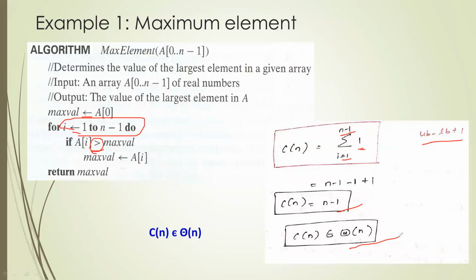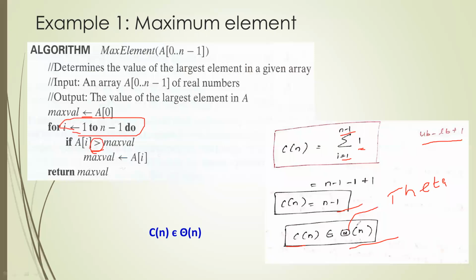As per asymptotic notation, you can note this as theta notation. So n minus 1 can be represented like this. It indicates that C of n belongs to theta of n. Why? C of n is less than or equal to some constant times n, and also C of n is greater than or equal to some constant times n.